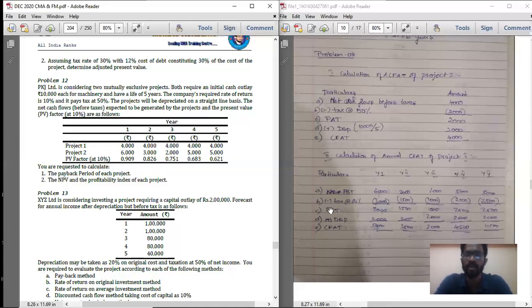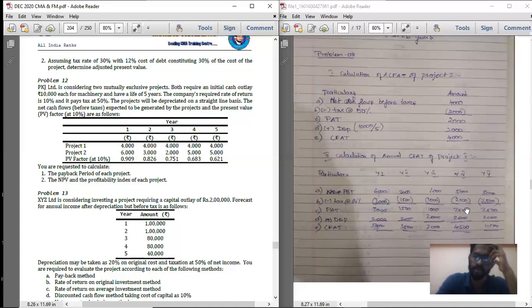Below that, small b, less tax at the rate of 50%. Tax is 50% on PBT. Year 1: 6,000 into 50% is 3,000 within bracket. Year 2: 3,000 into 50% is 1,500 within bracket. Year 3: 2,000 into 50% is 1,000 within bracket.